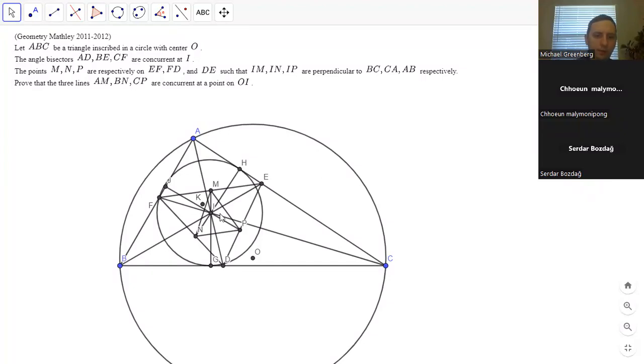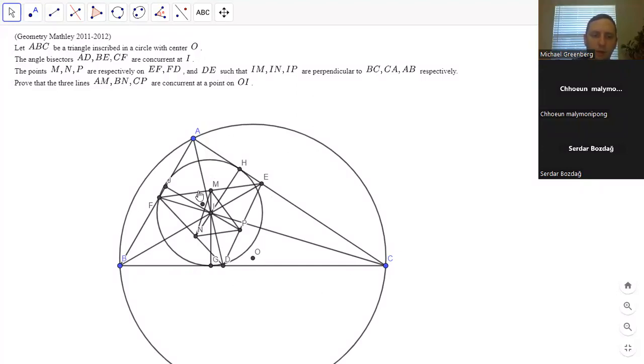Because FM over EM, well, we want sine FAM over sine EAM, and that's like FM over EM, and then like, I don't know if it's times or divided by AF over AE. But we can get those ratios because these are all angle bisectors.